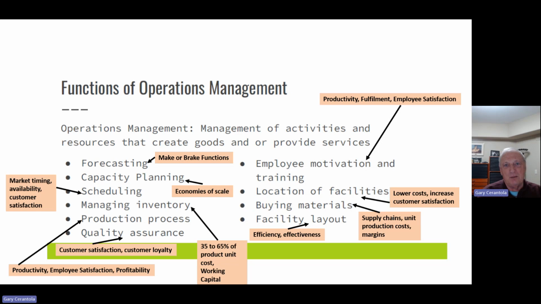So, that's a big part of improving the functions of operation management. And then location of facilities. Well, it's not rocket science. If you're closer to your customers, well, then it'll cost less to provide them the products or services, and you'll be much more responsive.